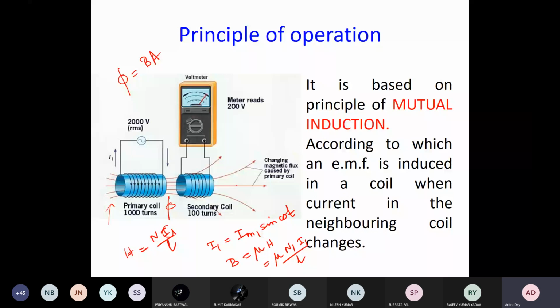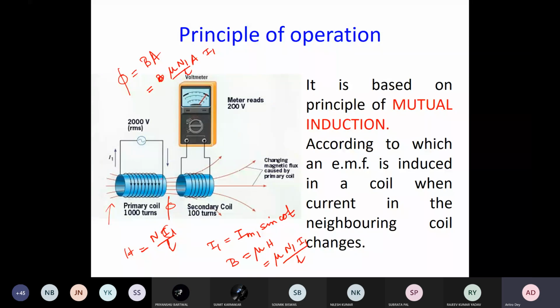Then your phi is B, which is mu into N I by L, multiplied by A to get phi, where I1 equals Im sine omega t. So your phi is also sinusoidal.